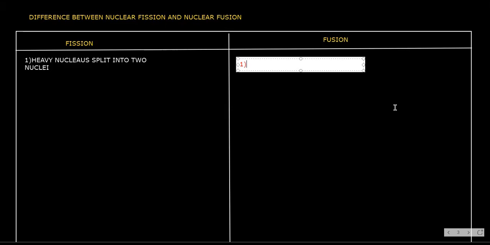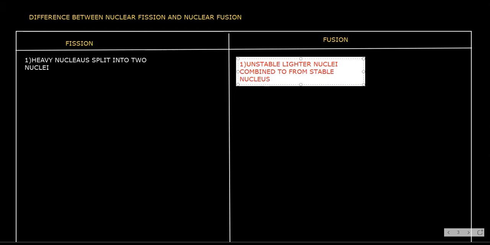Unstable lighter nuclei combine, because fusion is the combination of two lighter nuclei. So unstable lighter nuclei combine to form a stable nucleus.